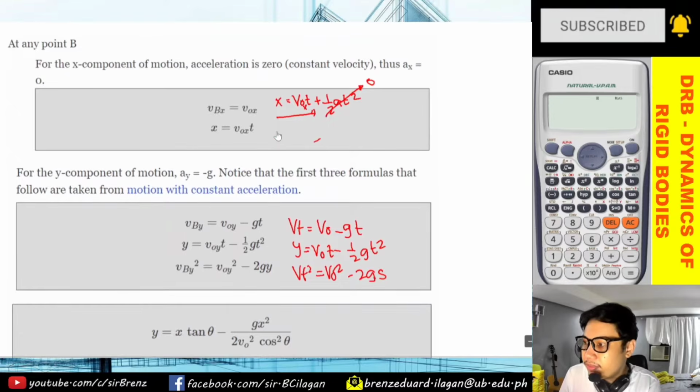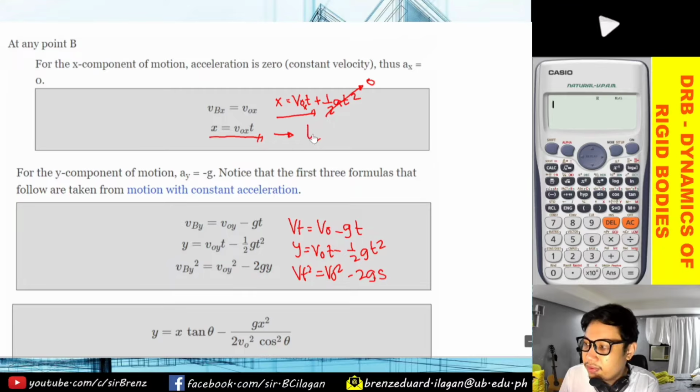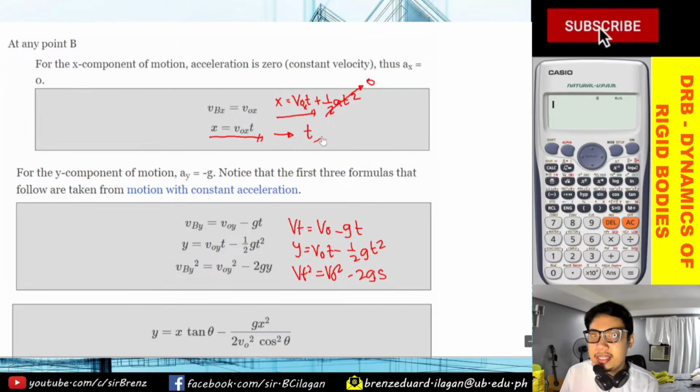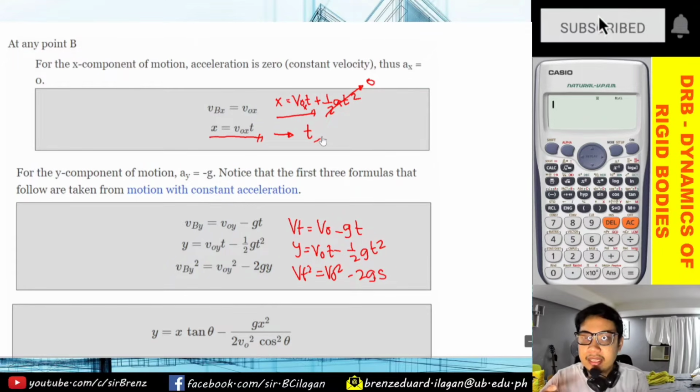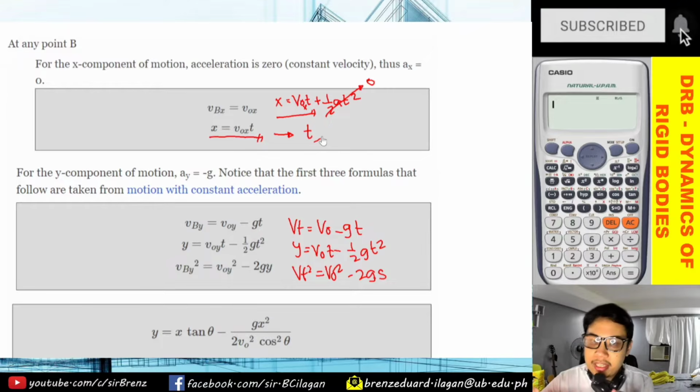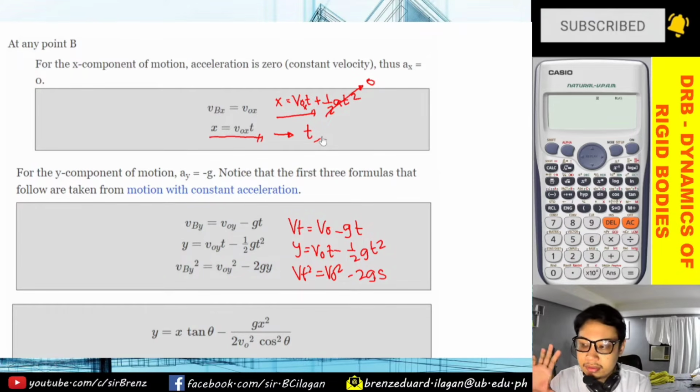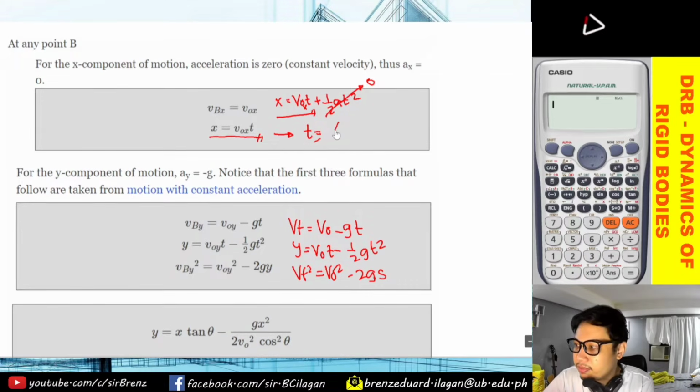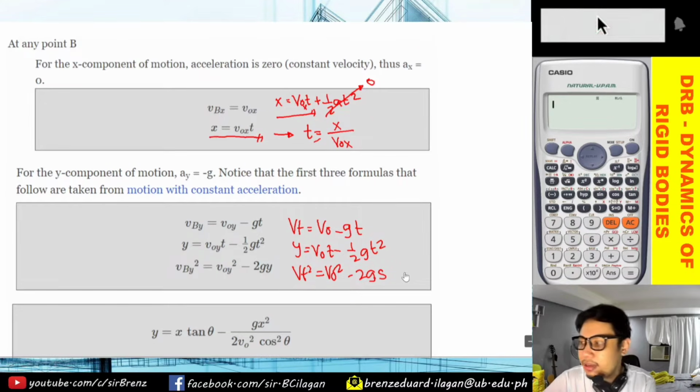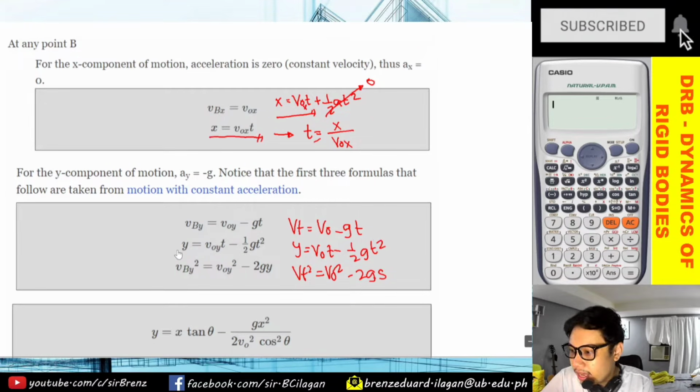Okay, so coming from this equation, ayan. So guys, ang mangyayari kasi dito, if we are going to solve, parang pagre-relate natin yung time. Kasi nga, yung time para ma-reach na yung distance x, and yung time para ma-reach na yung height y, is equals lang sa isa't isa. So if we're going to solve for t, dito sa first equation natin, so that will be x is equals to v sub ox t. Okay? And then using this second equation, yung y is equals to v sub oy t minus 1/2 g t squared.